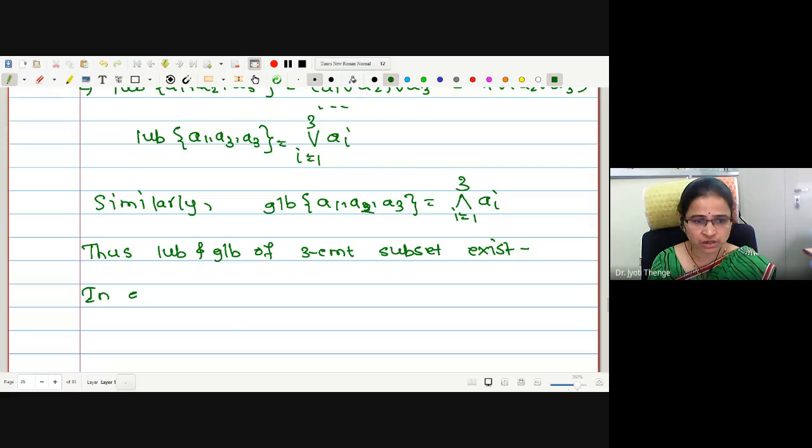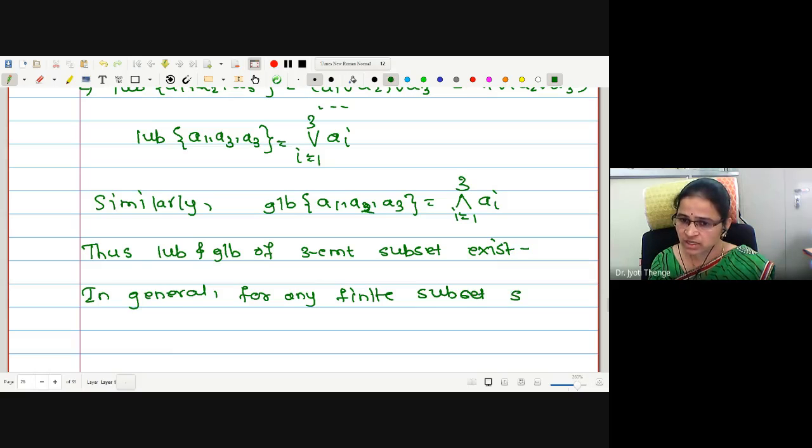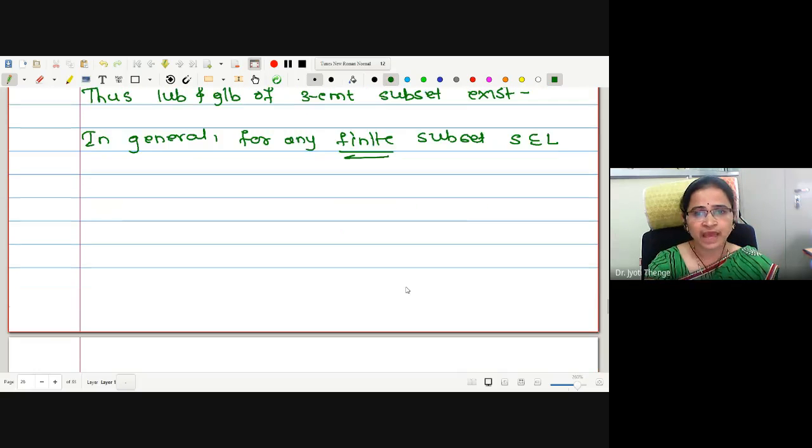Therefore, in general, for any finite subset S of L. See, I am saying finite subset, and finite number of elements. Suppose S is having some n number of elements, A1 to An.